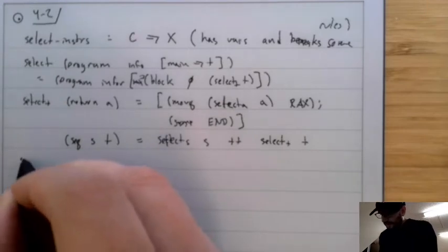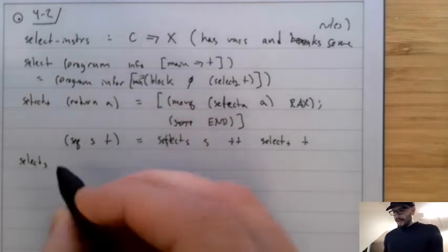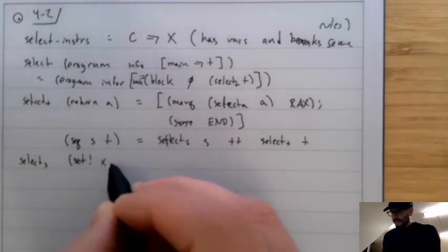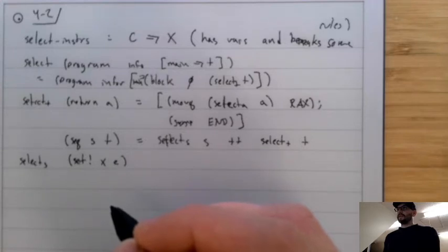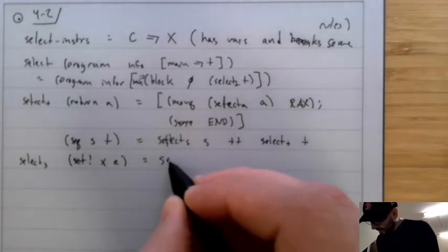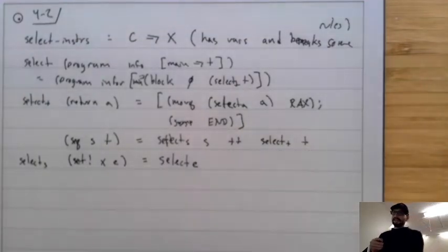Okay, now, if we do select of S, there's only one kind of statement right now, there will be more in the future, is a set of an X and an E. And what we'll do there is we're going to call select E. Now, select E is going to take as an argument the destination to put its answer in.